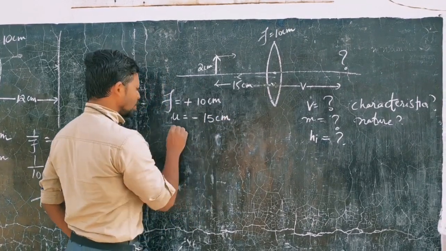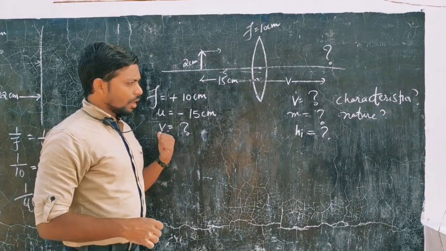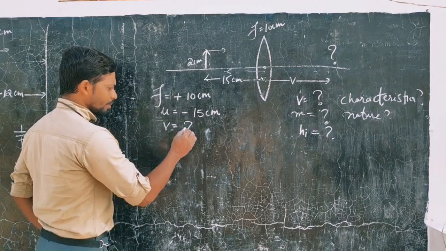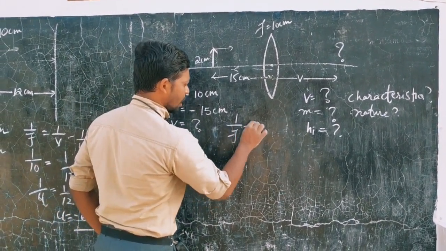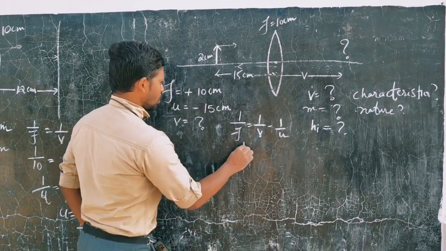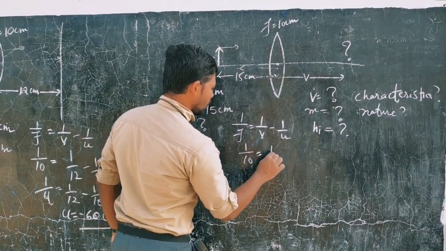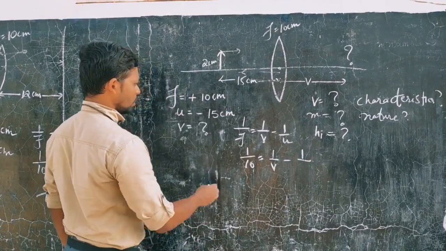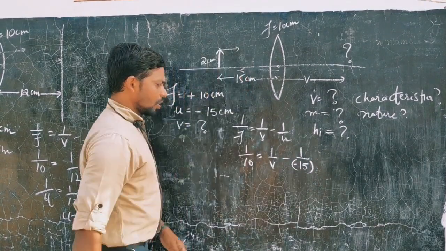So let's find out the V value, because if we get the V value, then we can apply it in the magnification formula, right? So 1 by f is equal to 1 by V minus 1 by u. 1 by 10 is equal to 1 by V minus 1 by minus 15.